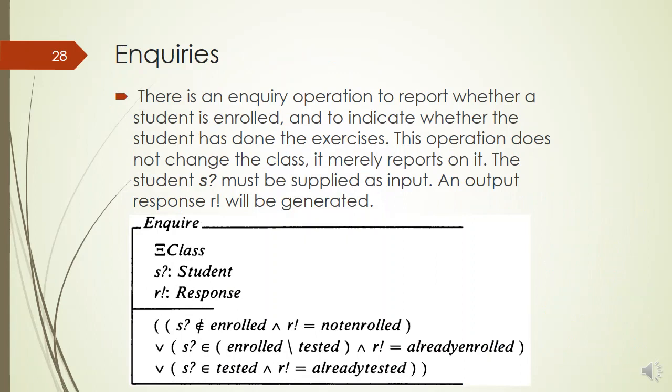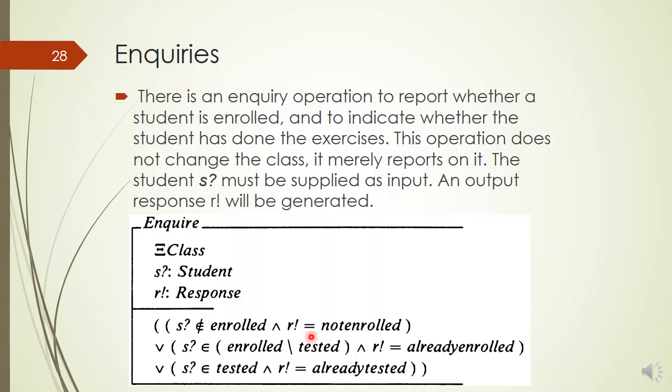Students, as you know, the operation inquiry would not change the state of the system. Therefore, the inquiry operation is represented by the Xi decoration, and there are basically three responses.